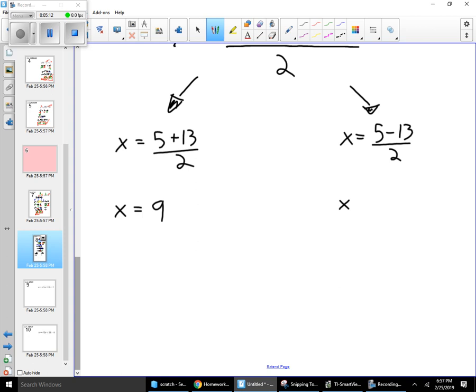Likewise, 5 minus 13 is negative 8. Negative 8 divided by 2 will be negative 4. So these are the two possible values for x. I'm saying possible values because we know at this point one of these might be extraneous, maybe they're both extraneous, maybe they both work. So let's go ahead and substitute them back in.